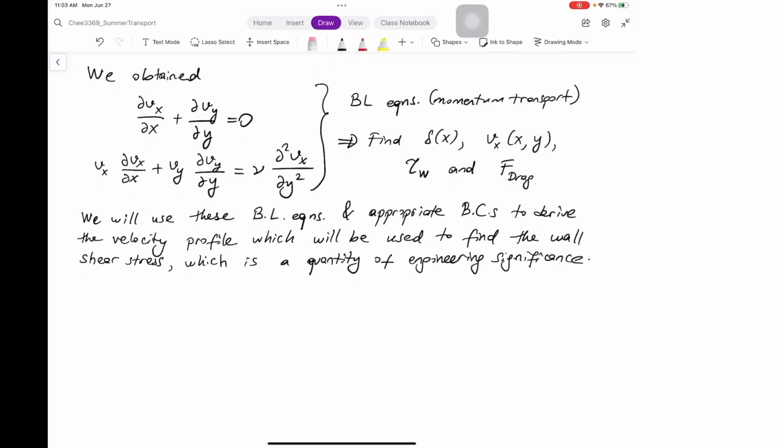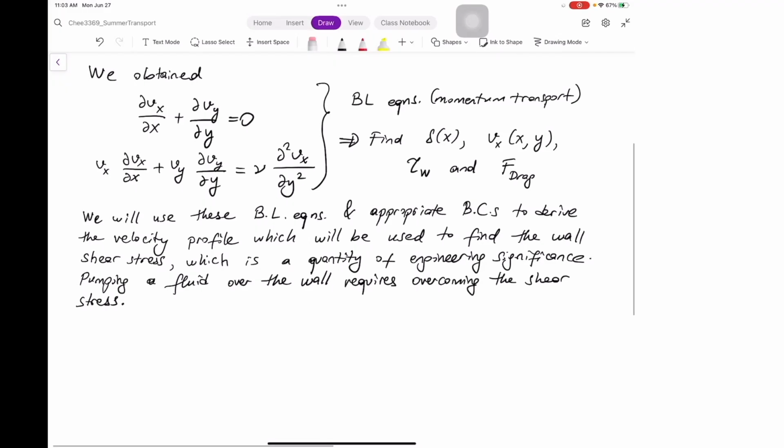For instance, pumping a fluid over the wall requires overcoming the shear stress, right? It's analogous to friction acting on objects moving on a surface, right?